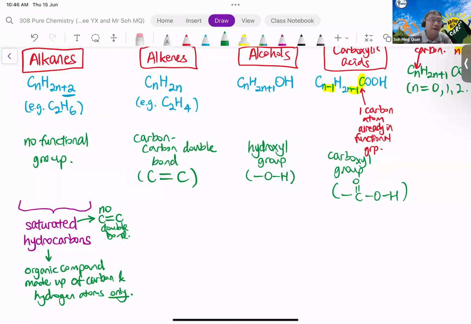It should not have other elements like oxygen, chlorine, nitrogen. All right, it should only have carbon and hydrogen. So alkanes are saturated hydrocarbons because they are organic compounds made up of carbon and hydrogen atoms only, and they do not contain carbon-carbon double bonds.